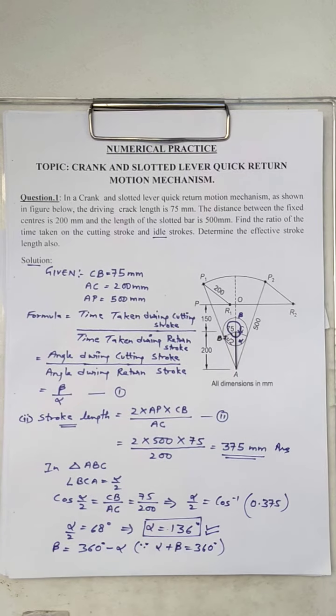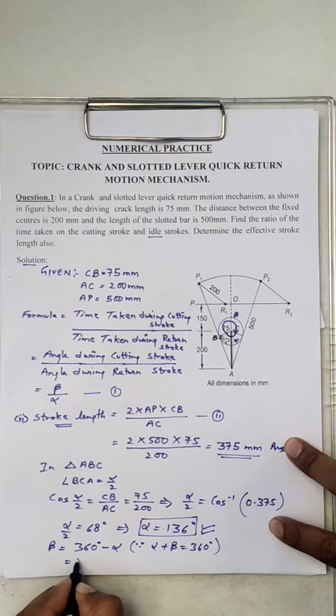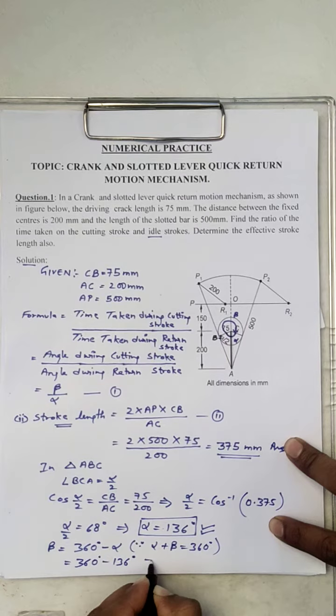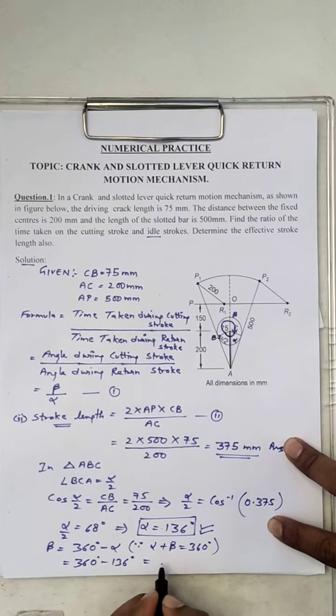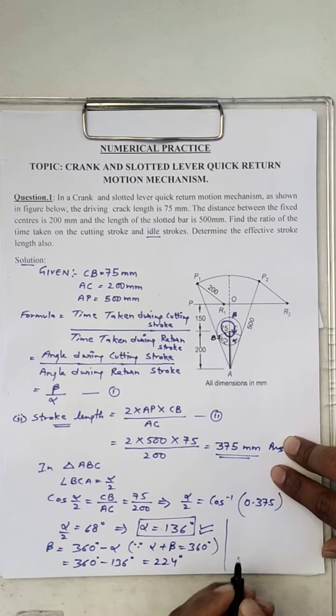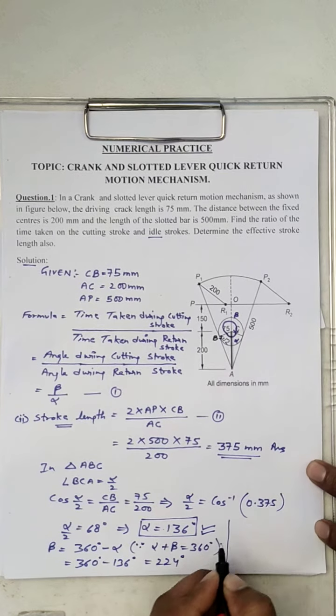So beta will be 360 degree minus 136 degree, which equals 224 degree.